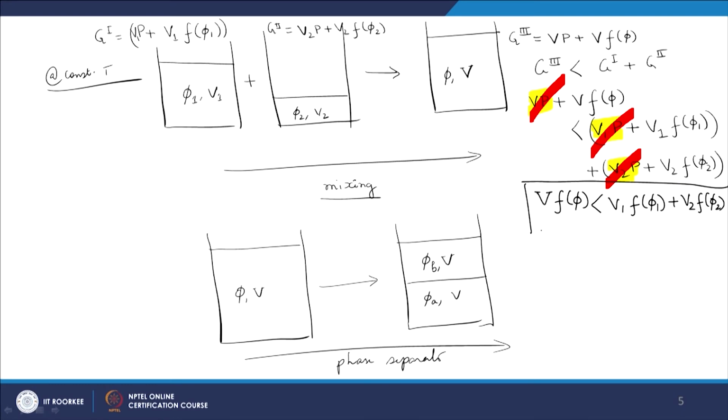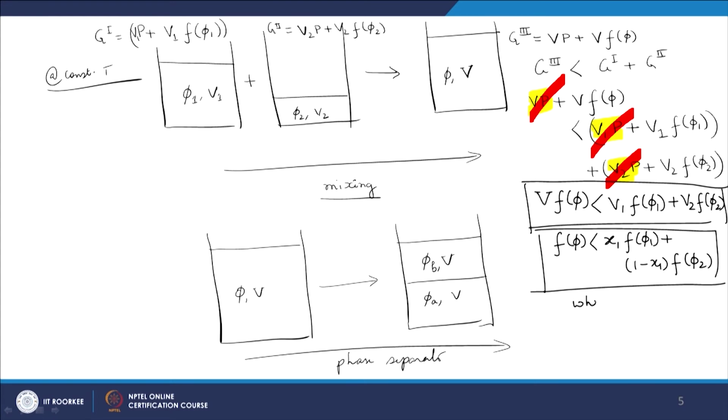So, the mixing will happen if this is the case, or if I divide by V, I can say mixing will happen if we have f of phi less than x1 f of phi1 plus x2 f of phi2, where x1 is equal to V1 by V. So, for mixing, a similar idea we can apply to phase separation.